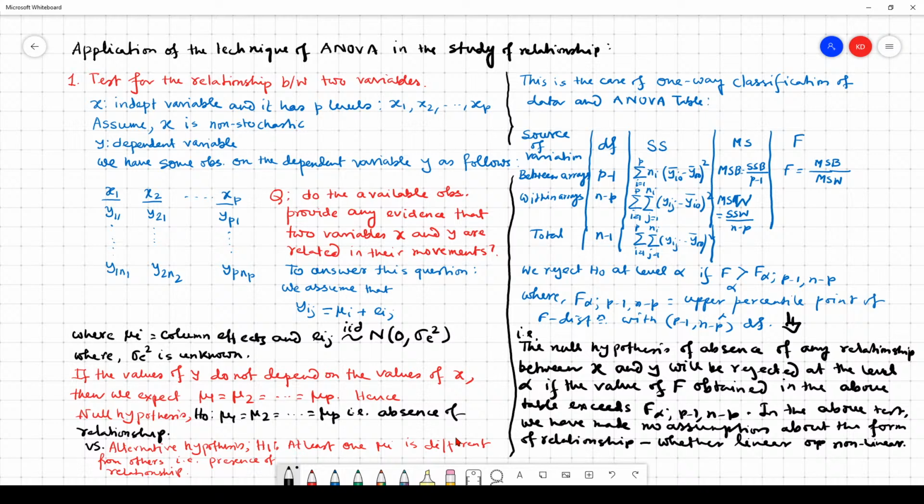But if H0 is rejected, we cannot say whether this relationship is linear or non-linear.